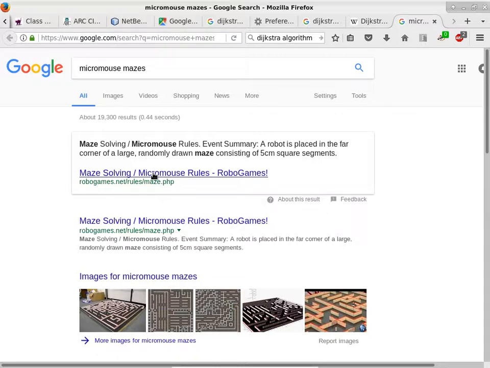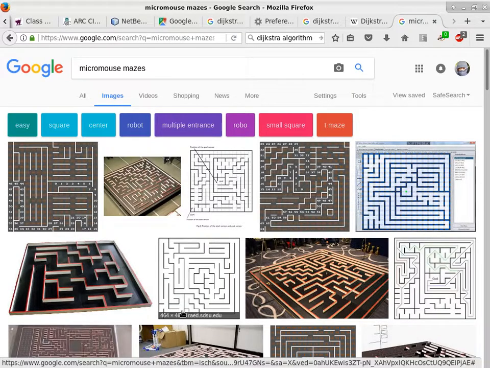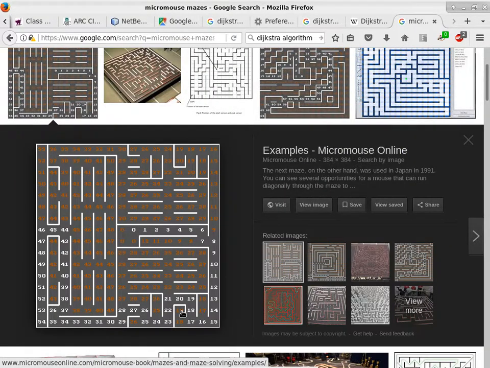You see some pictures down here. You basically put a robot that is programmed into one of these mazes, and you always start at a certain point. Cell 54 is usually where we put the mouse, and then the destination is always at the center. These 4 cells are called the destinations.